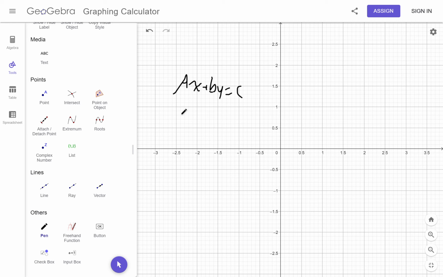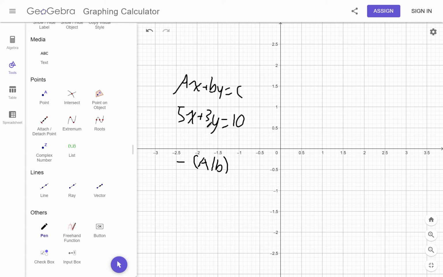So let's plug in some values: 5x plus 3y equals 10. Okay. To find the slope of an equation in standard form, we have to apply the formula minus a over b. We know that this is a, this is b.